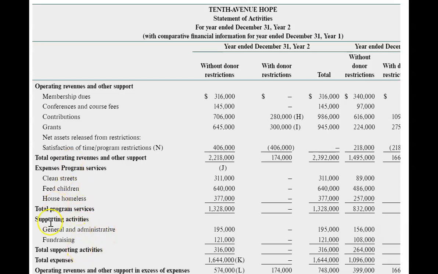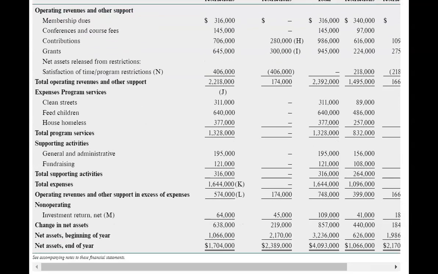If you subtract all of these expenses from their total operating revenues and other support, you will get the changes in net assets. Remember, the difference between revenues or contributions and the expenses is known as the change in net assets. We don't call anything like net income.